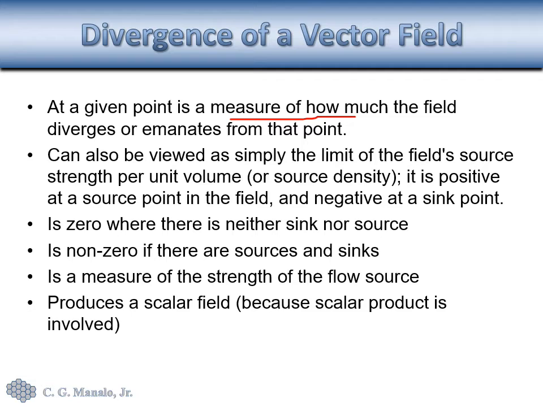We can also view divergence from the standpoint of a source of a field. Let's say a point is producing a field. We could say that it is the source of the field, so we view that as a positive divergence. But if it actually absorbs the field, we call it a sink.